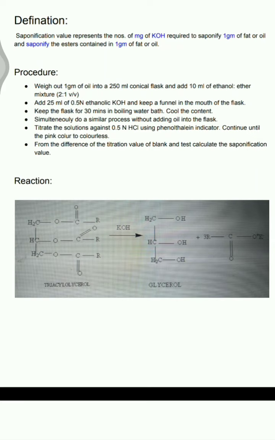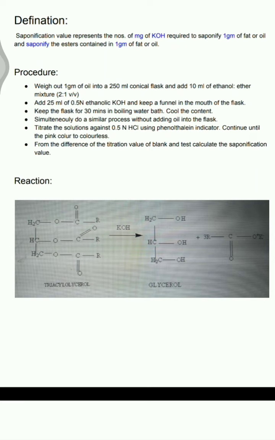In the last practical on acid value, we concentrated on why we use a mixture of ethanol and ether, basically for dissolving both parts in a very successful manner. Then we add 25 ml of 0.5 normal ethanolic KOH and keep the funnel in the mouth of the flask.